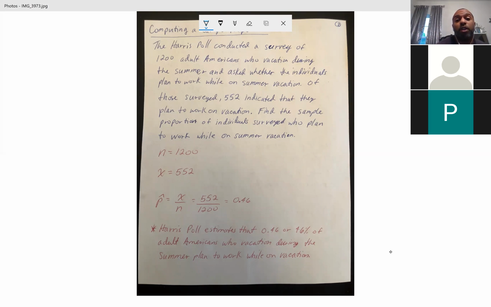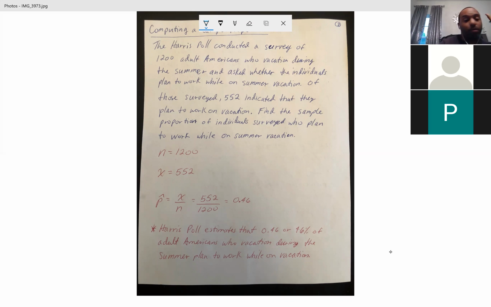All right. So the number of people that were surveyed is n. The number of people that actually said they planned to work on summer vacation is 552. To find a sample proportion, all you do is take that 552 and place it over the number of people surveyed, which is similar to what we've done in the past.